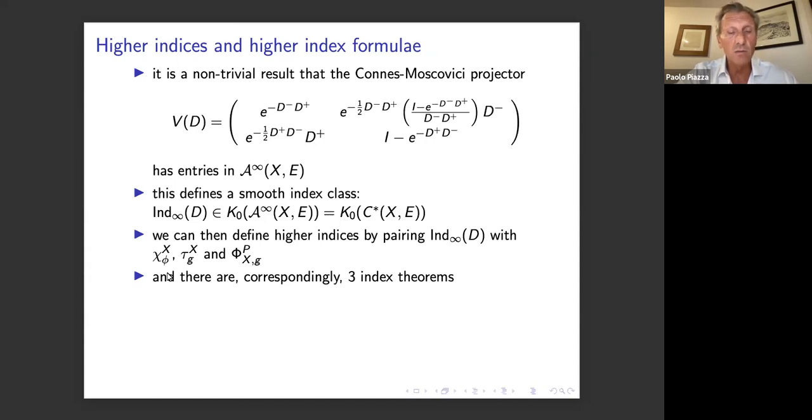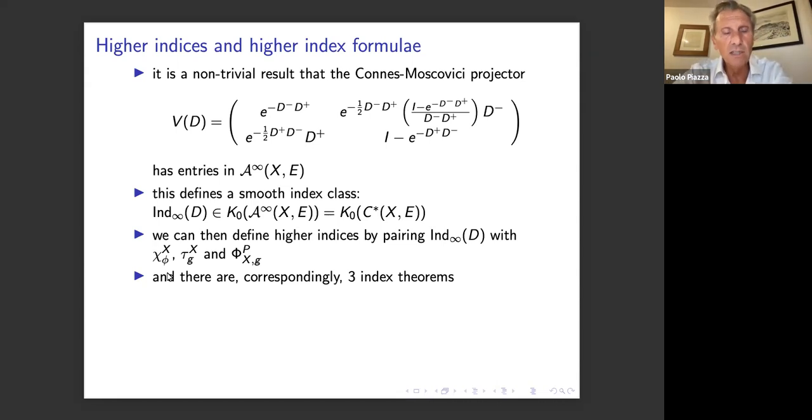These are the indices we are interested in, because then the index class has very important stability properties with respect, for example, to positive scalar curvature or homotopy invariance of the index class for the signature operator. Okay, so we really want to get to the Roe C*-algebra, the Roe C*-algebra.